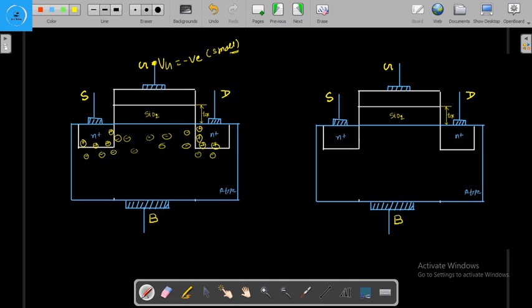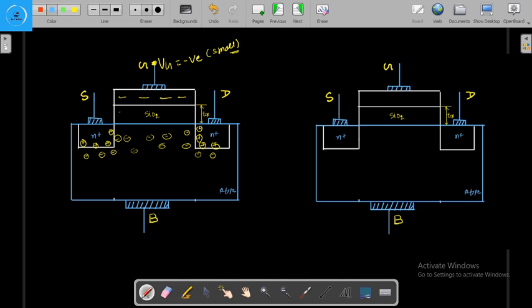Now when we decrease the gate voltage by a small amount, or apply a negative voltage on the gate, since this is the polysilicon gate or metal gate, this negative voltage will be here, and because of that charge polarization takes place in the SiO2, because this is the dielectric.